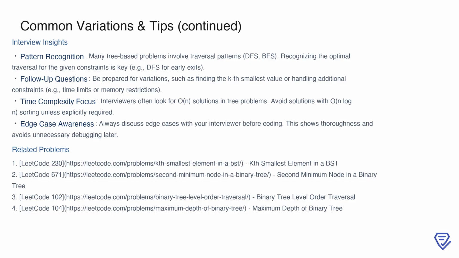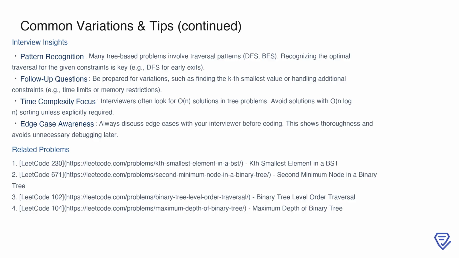Understanding some key insights can help you perform better in interviews involving tree problems. Recognizing traversal patterns is crucial, as many tree-based problems depend on techniques like depth-first or breadth-first search. For instance, depth-first search is often useful when you need early exits. Be ready for follow-up questions, such as variations that involve finding the kth smallest value or handling additional constraints like time or memory limits. Another area interviewers often focus on is time complexity.